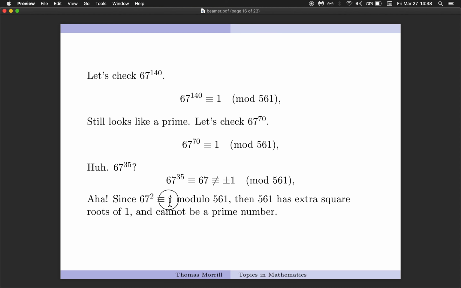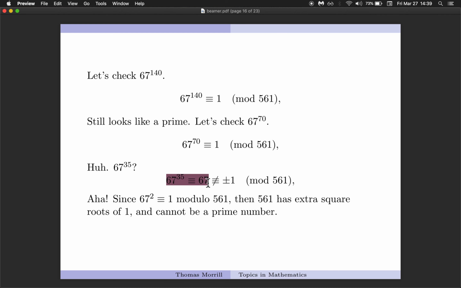And now this is a problem. 67 squared is 1 mod 561. Okay, yeah, I already said this 2 slides ago when we were talking about 5. But notice that what I'm doing is I'm always dividing my exponents in half, because if I get 1, the square root of 1 should only be 1 or minus 1. As long as I have an even exponent, I can keep dividing out to do cheap square roots.